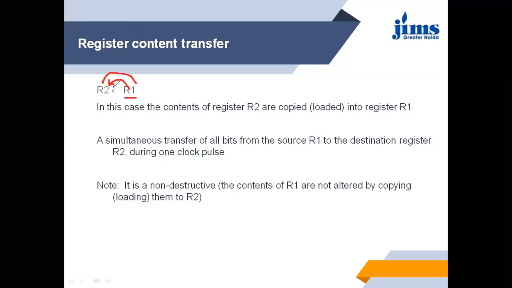So this arrow represents that the data is going to be transferred from R1 to R2. In this case, the content of the register R1 is copied or loaded into the register R2.